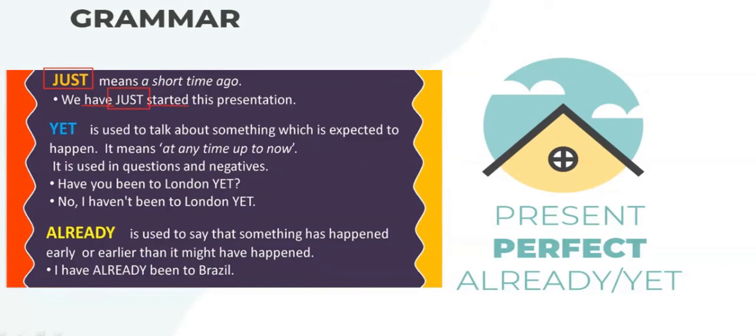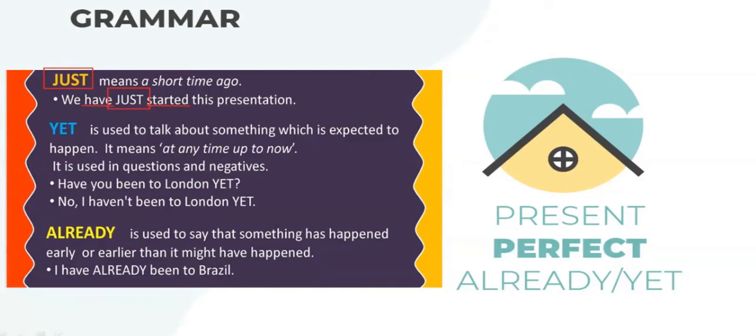So that would be the order in which we use just. Subject, auxiliary have or has, adverb just, verb in past participle. We have just started.